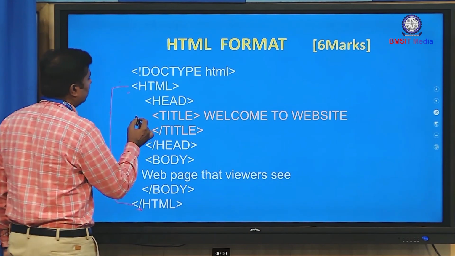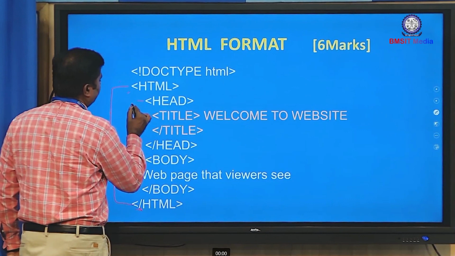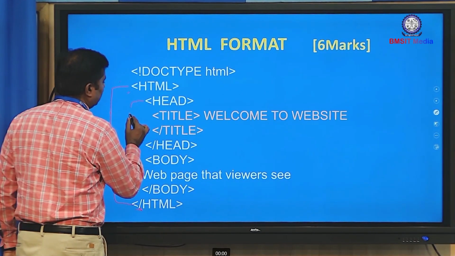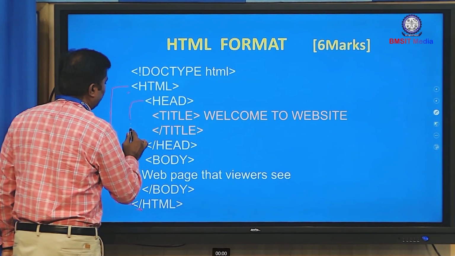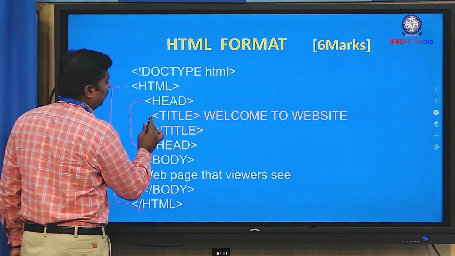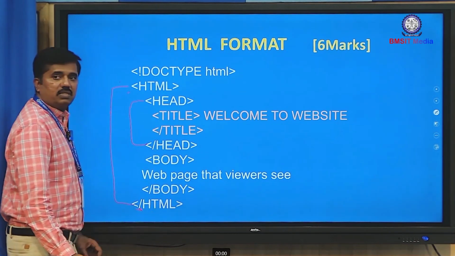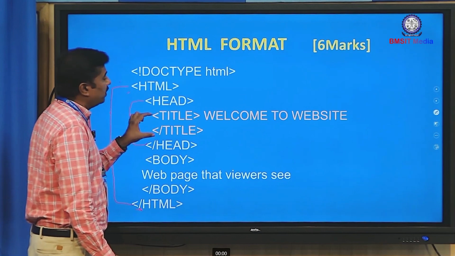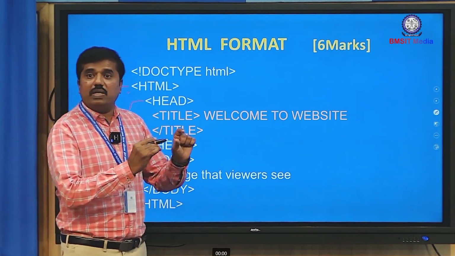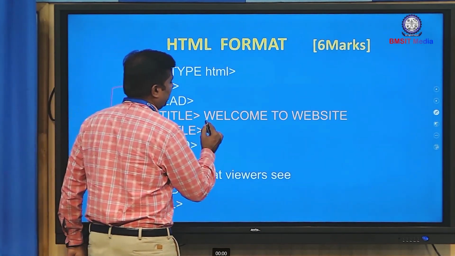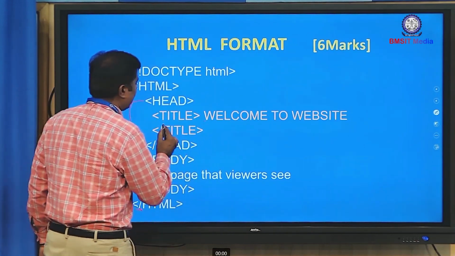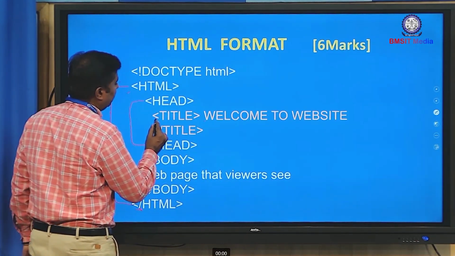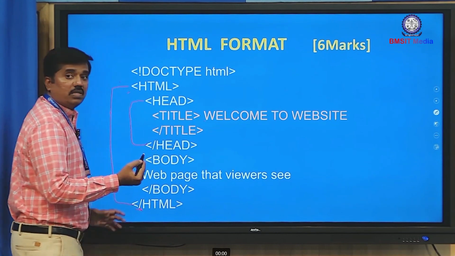Next, inside you can see there is a head. In this head you can write one more tag, title. So what is this title? In your web browser, at the tab, you will see whatever text you have written. So how do I write the tag? The title in angular brackets, and then the closing tag with a forward slash.